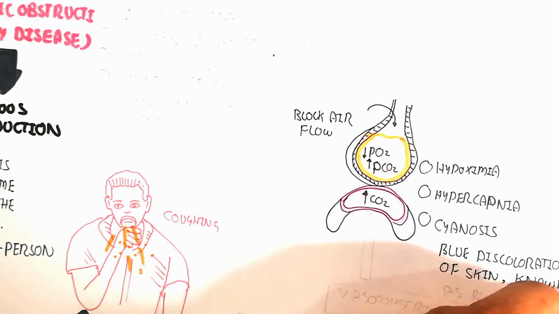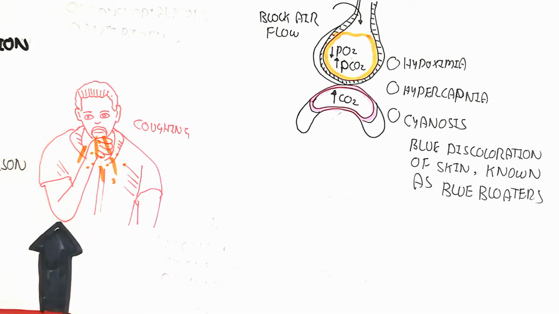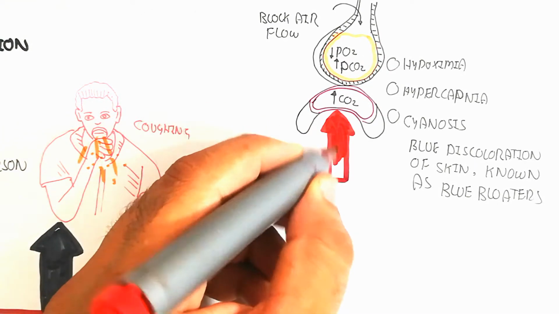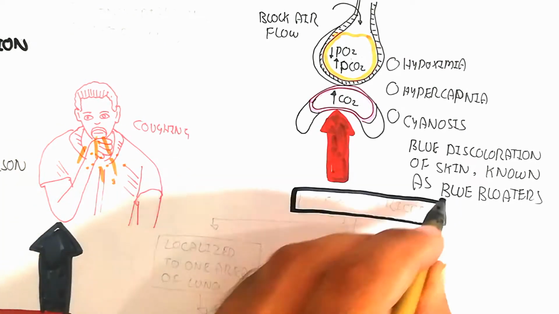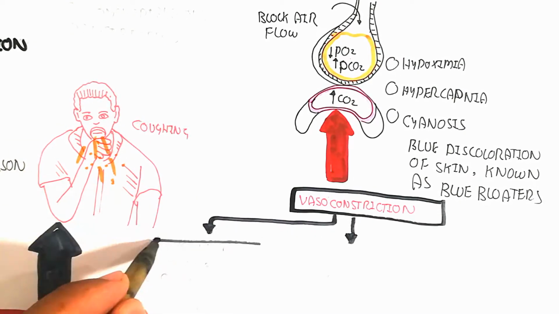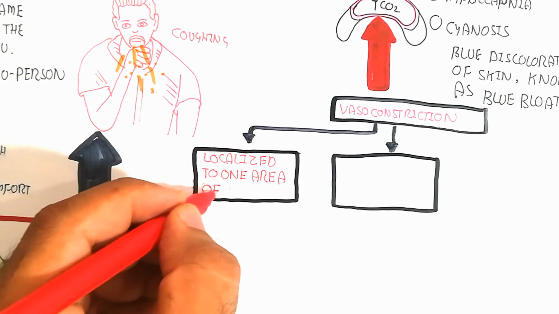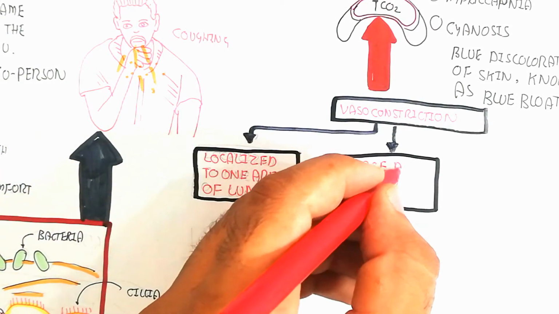So here is the blocked airflow. When airflow is blocked, the partial pressure of oxygen decreases and carbon dioxide increases, and hypoxemia, hypercapnia and cyanosis occur. The blue discoloration of the skin is known as blue bloaters. After the vasoconstriction, this leads to complications.